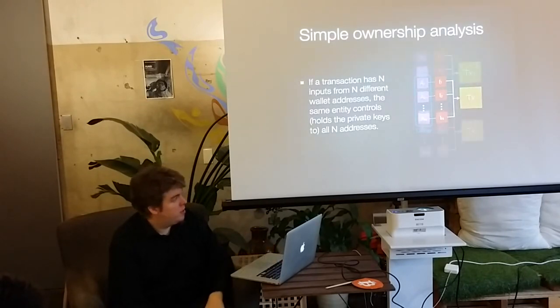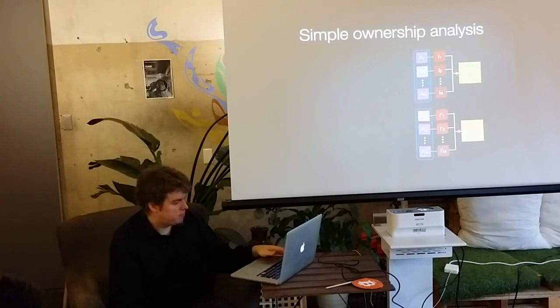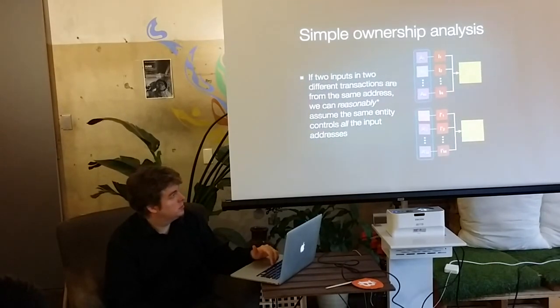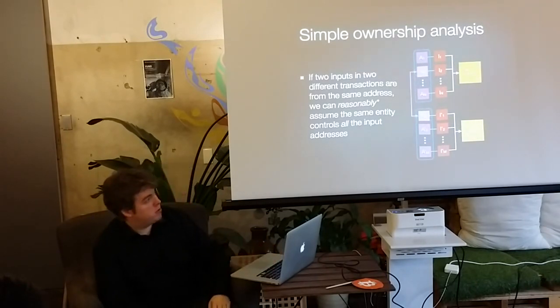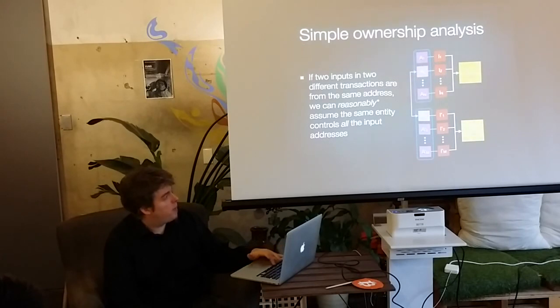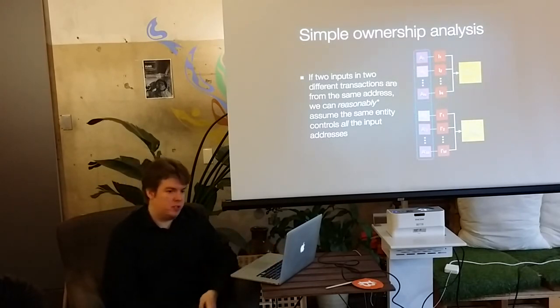Step number two, if you have two transactions, and you see the same address being used as input in both of them, then you can be fairly sure that it's the same person that issued both transactions. So the same person owns all the addresses for both of those transactions.